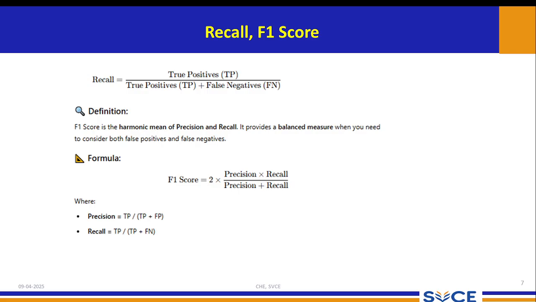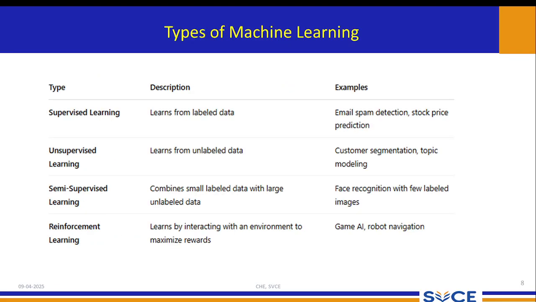Coming to recall and F1 score, the true positive and true negative I already discussed. So when you have supervised learning and unsupervised learning, we are supposed to know the difference between these two. In supervised learning, the input and output are correlated, and we learn from labeled data. In unsupervised learning, we don't have a relation between the independent and dependent variables, so it learns from unlabeled data.